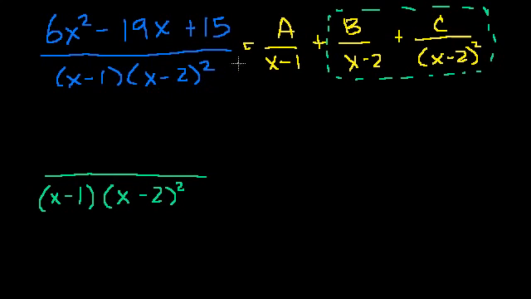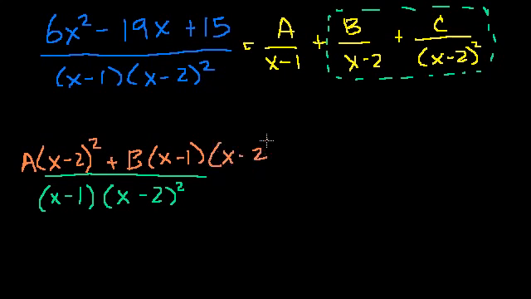And the numerator is going to be, let me do it in a different color, a times x minus 2 squared. If we cancel these out, you're just left with a over x minus 1, plus b times x minus 1 times x minus 2. If we cancel out the x minus 1s and one of these x minus 2s down here, then you're just left with b over x minus 2, plus c times x minus 1.